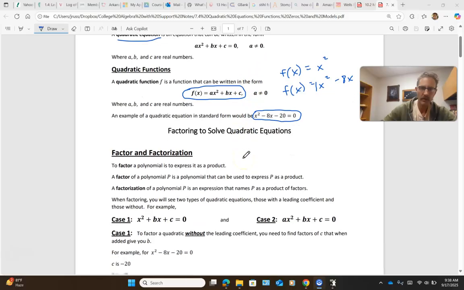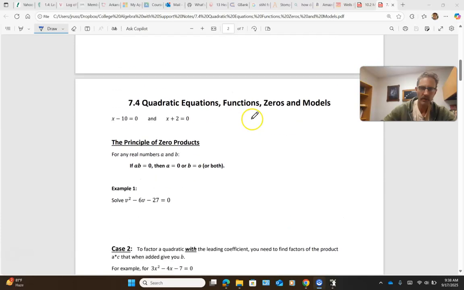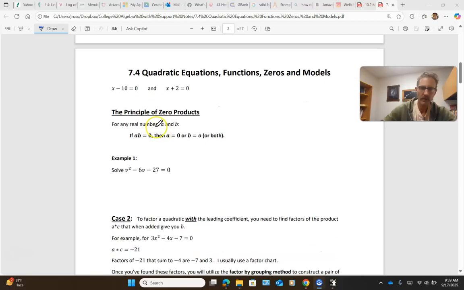One way to do this is by factoring. If you can express the left-hand side as a product of two factors, and those two factors equal 0, then that must mean either both or one of those factors is 0. That's actually this principle right here, this principle of zero products.